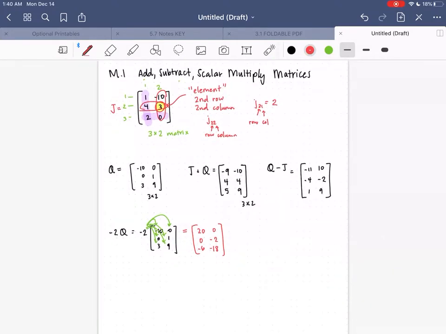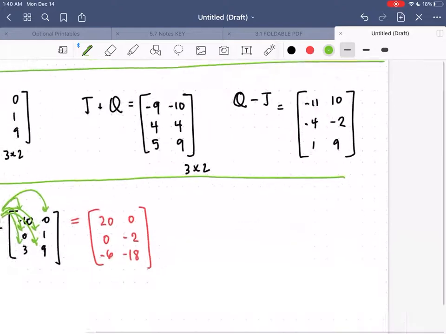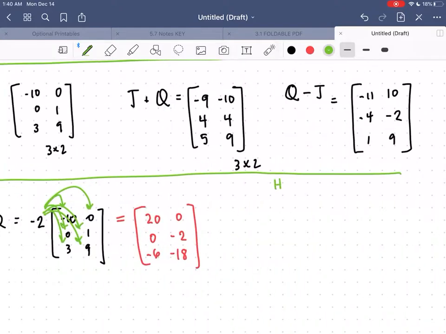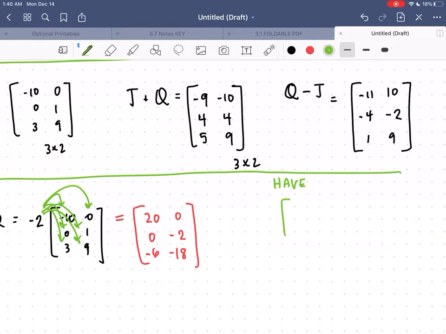Nice. Okay, a couple of things to mention. For adding and subtracting, what we were doing right here in the middle, the matrices have to be the same dimension. It doesn't make sense to add a matrix that was 2 by 2 to a matrix that's like 5 by 1. Then what do I add this guy to?